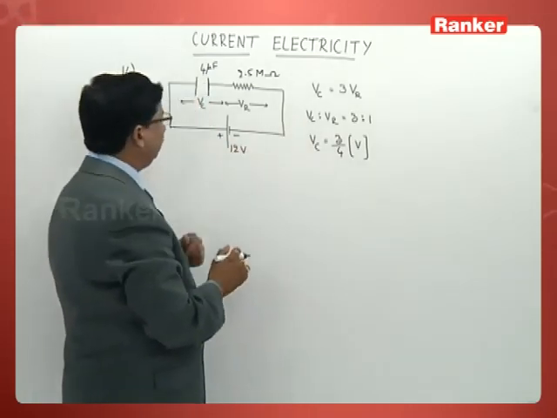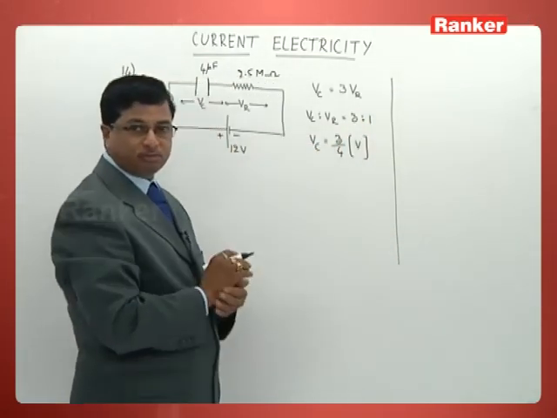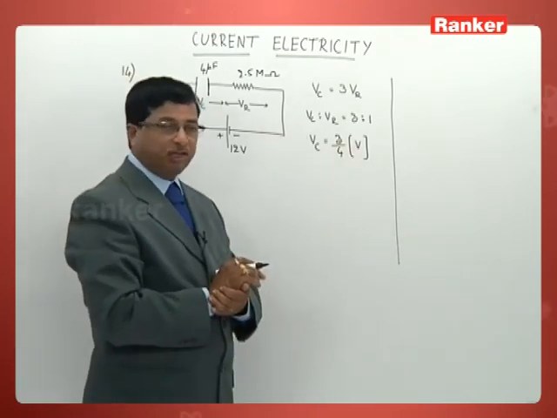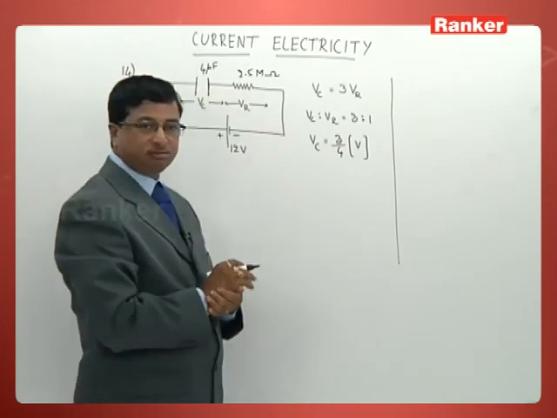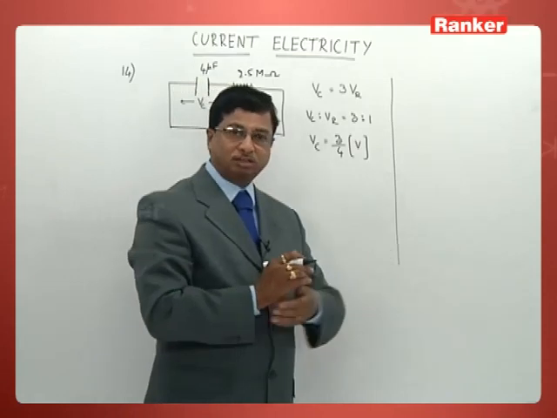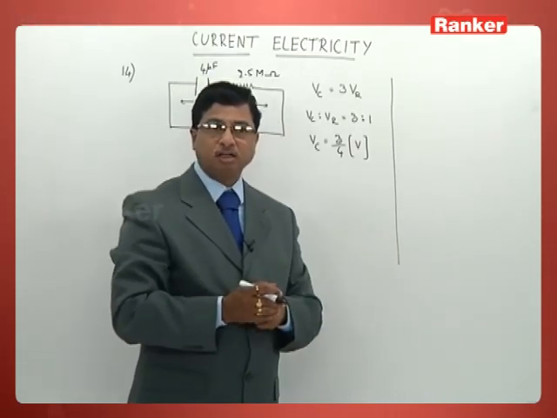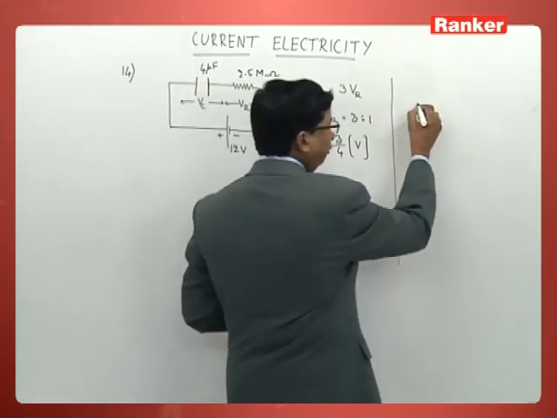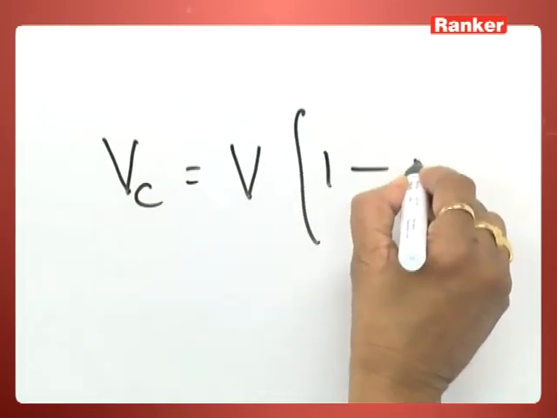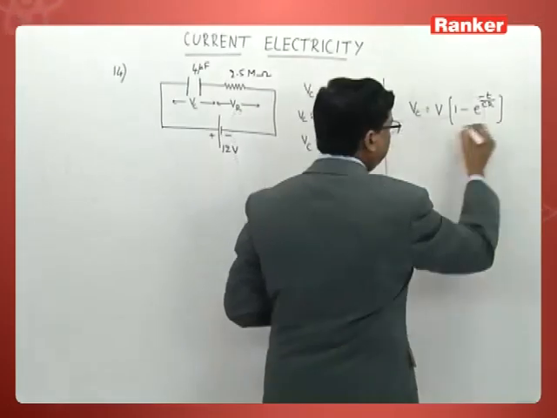What we should understand here, first and foremost, is what is the background of this circuit? This is an RC circuit. In an RC circuit, when there is growth, we all know there is a formula directly. What is that formula? Vc must be V into 1 minus e power minus t by CR.